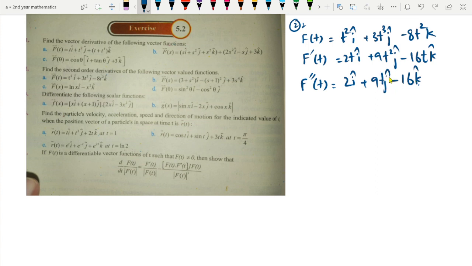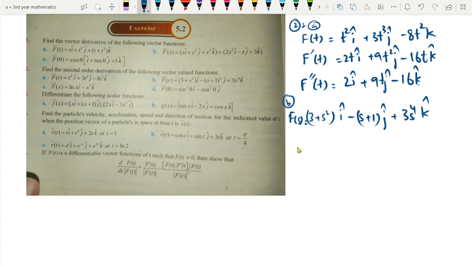Now this is the first part, and now we will solve the second part of this one. The second part is f of s is equal to 3 plus s square i, minus s plus 1 whole square j, plus 3s to the power 4 k. This is part B of question number 2.